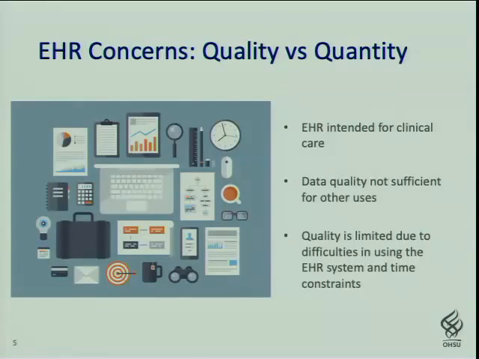However, there are many concerns regarding the EHR data as well, the primary being that EHR records may be attributed to an increase in quantity of data rather than quality. The data recorded in clinical settings isn't held to the same standard as data recorded in a research setting.